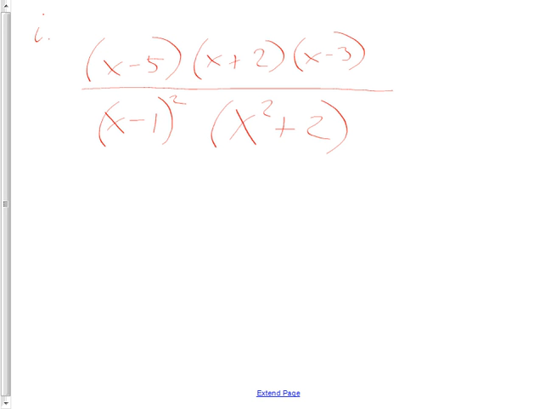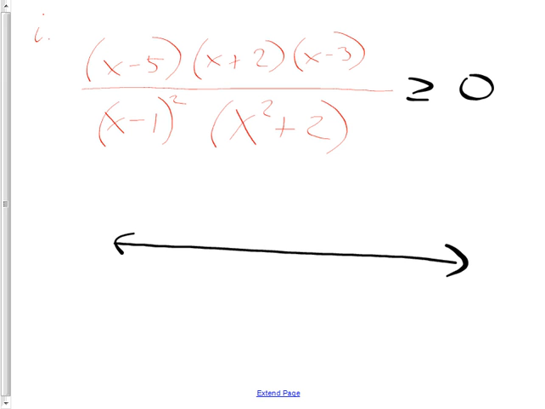All right, so does anything just cancel? No. So then this kind of problem, when it says greater than or equal to 0, you need a number line for it. And you got a bunch of important points on that number line. And some of them are 5, and -2, and 3. That's for the top. And those are all what's? Zeros. They're all Z's. The top things give you zeros. The bottom things give you what? U's.